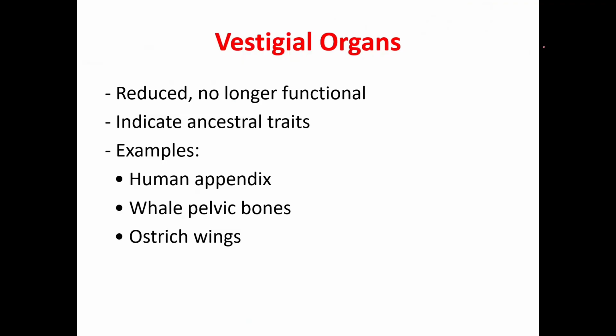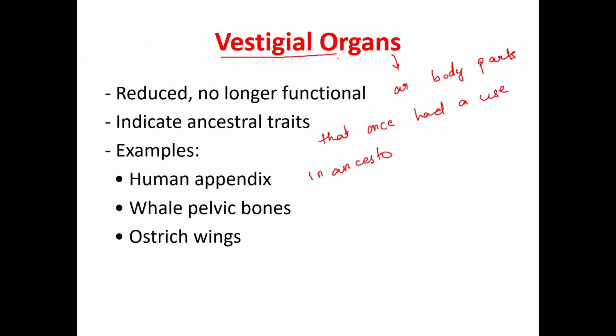Now on to the next amazing topic, vestigial organs. So what is a vestigial organ? Basically, vestigial organs are body parts that once had a use in ancestors but now no longer function in modern organisms.